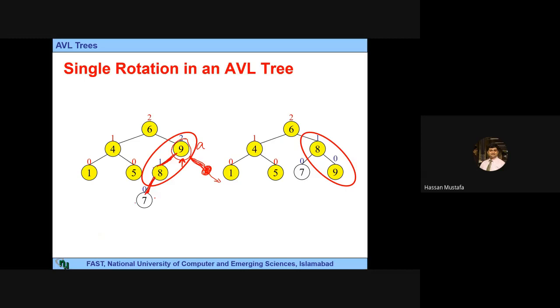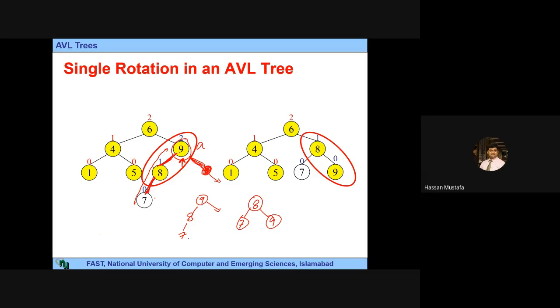So all the nodes on this branch, I would pull them upwards, and I would pull 9 downwards. 8 would take the place of 9, 9 would go downward, and 7 would go upward. So this would be the final shape.